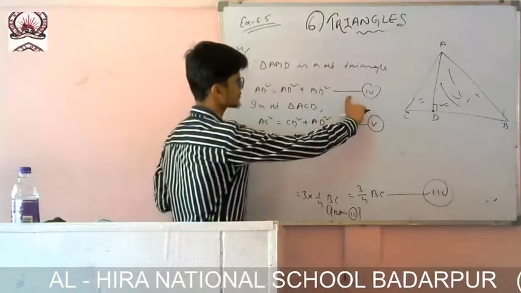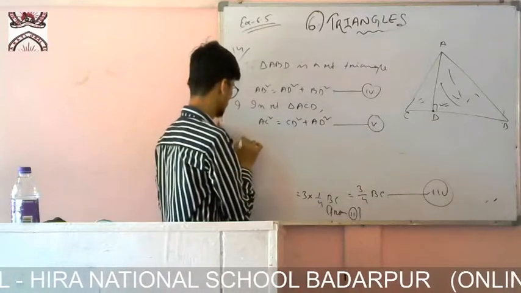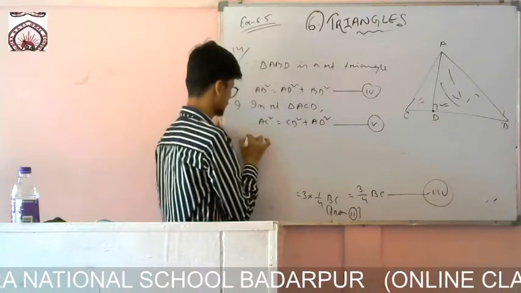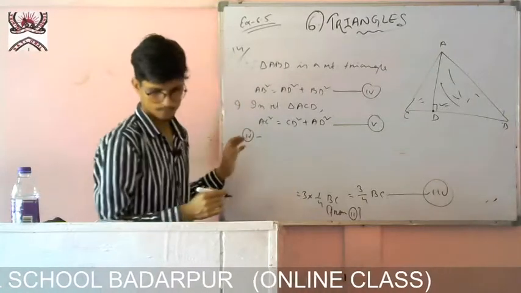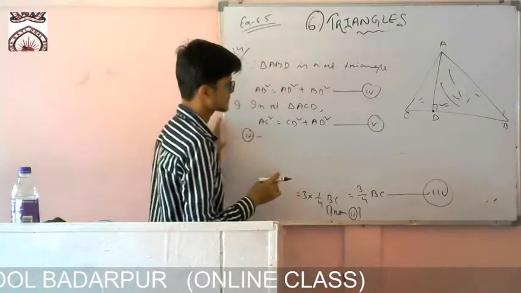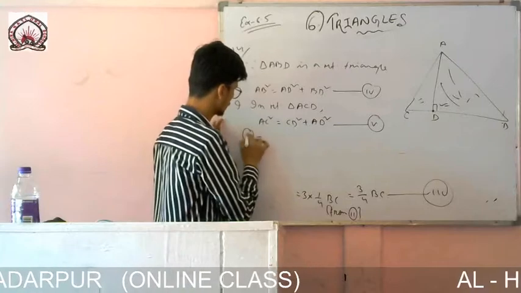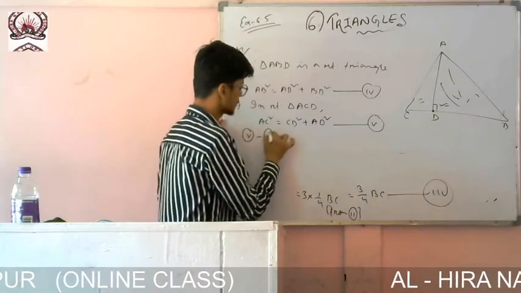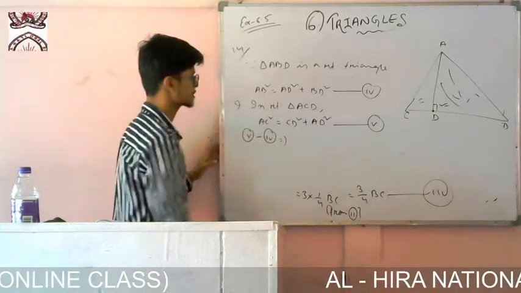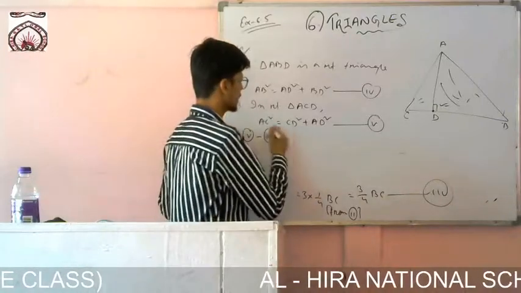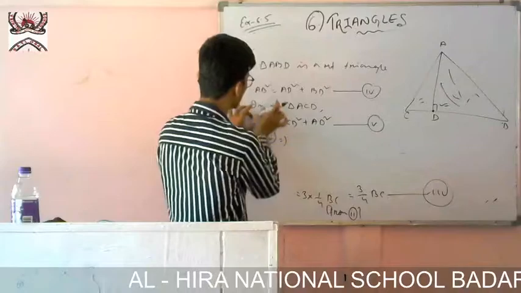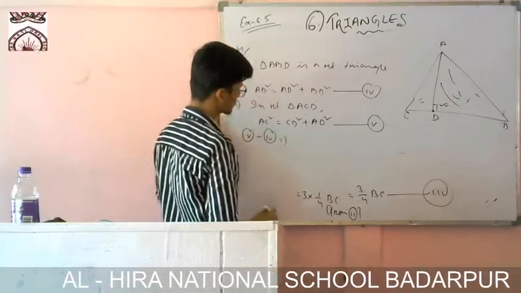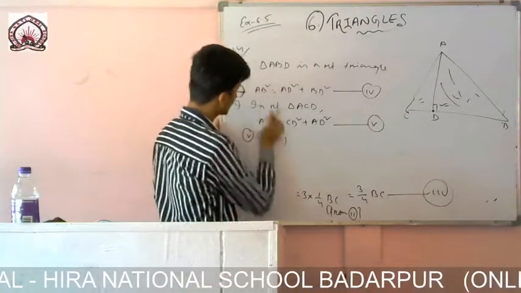Okay, now let me subtract these two. Subtracting equation 5 from 4, from 4 I am subtracting, so this one will come first.